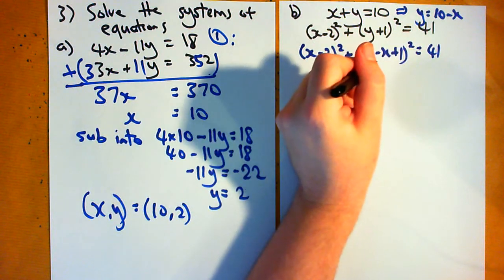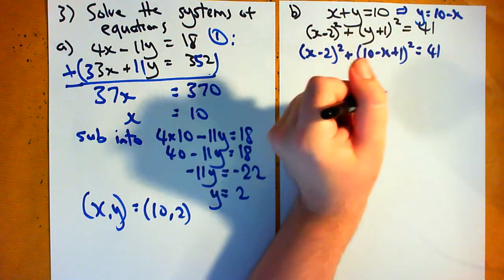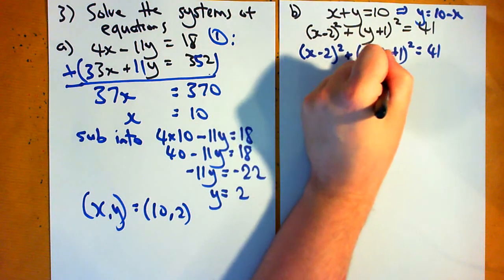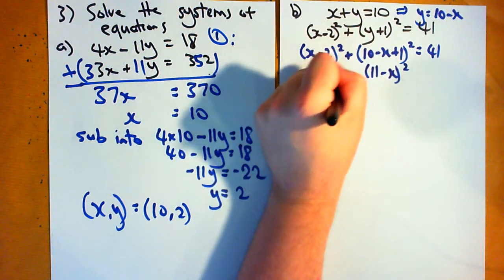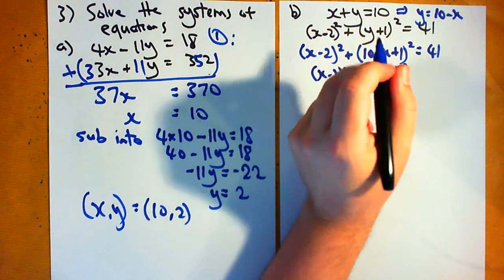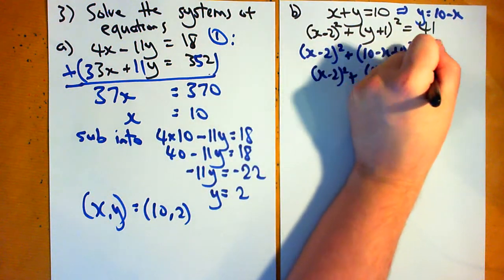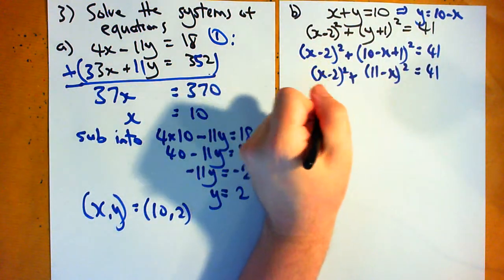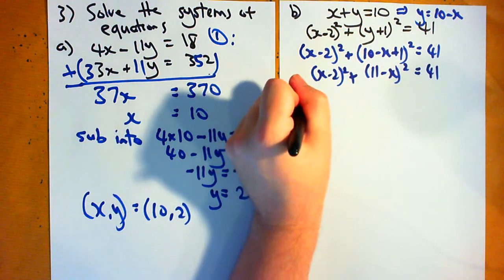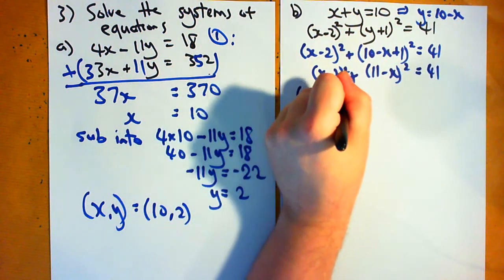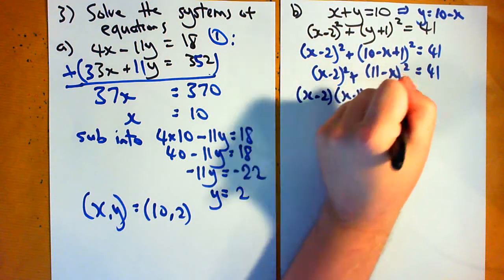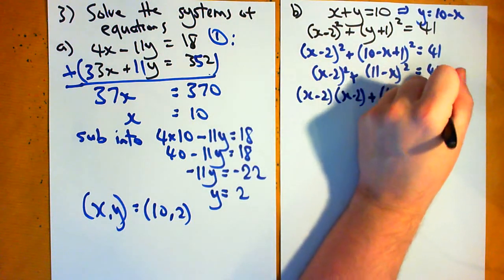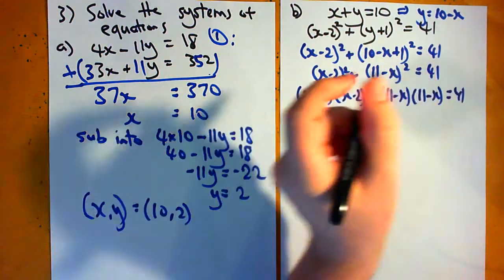And can we simplify that bracket? 10 minus x plus 1 is 11 minus x squared. This will be x minus 2 squared plus 11 minus x squared equals 41. Okay, so now we need to expand this out. We get x minus 2 times x minus 2 plus 11 minus x times 11 minus x equals 41.